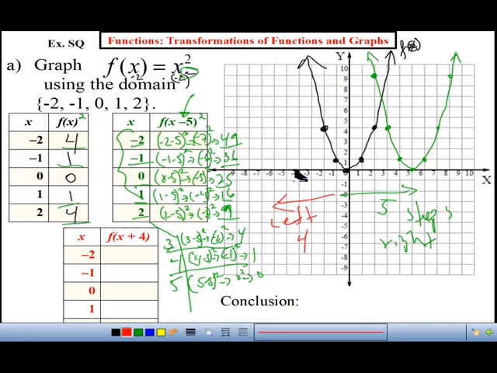So we go 1, 2, 3, 4. 1, 2, 3, 4. 1, 2, 3, 4. And there's our transformation. And that's pretty much what we're going to be doing for homework today.